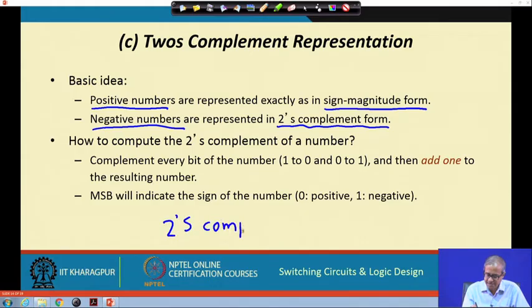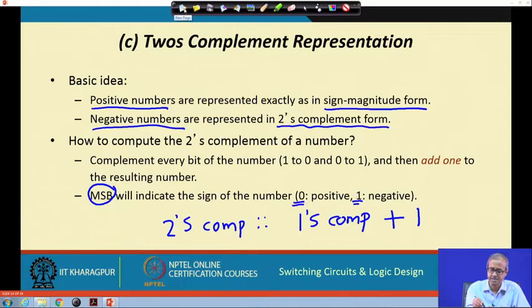The definition is simple. Earlier we had seen what is meant by 1's complement: just flip all the bits. You do 1's complement, then you add 1 to the number. This is defined as 2's complement. Complement every bit of the number and then add 1 to the resulting number. So, here again the most significant bit will indicate the sign, 0 for positive, 1 for negative.